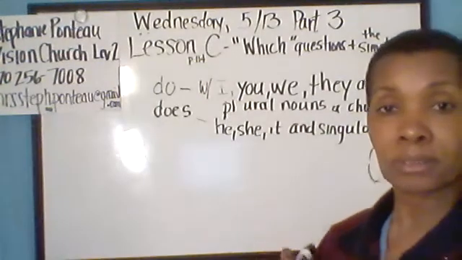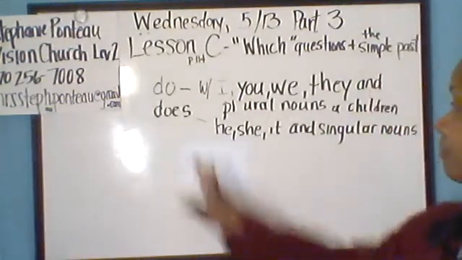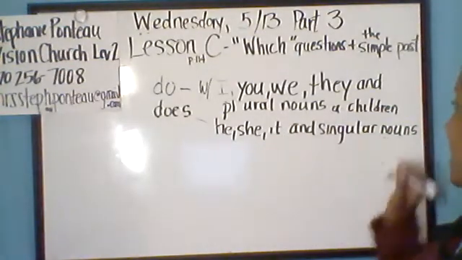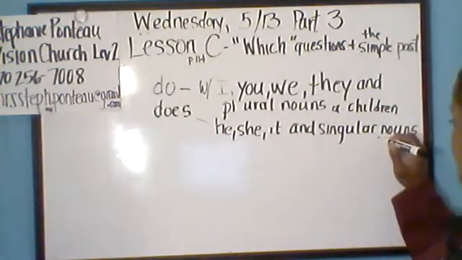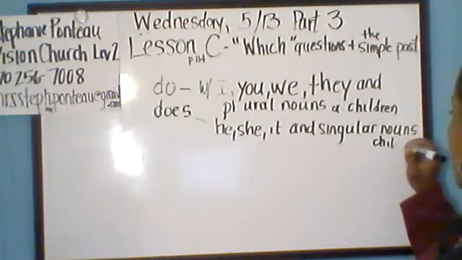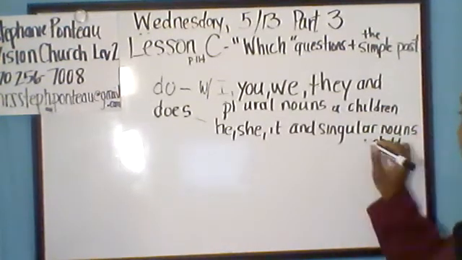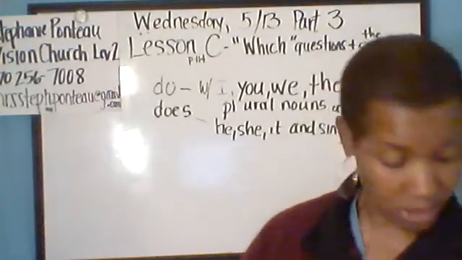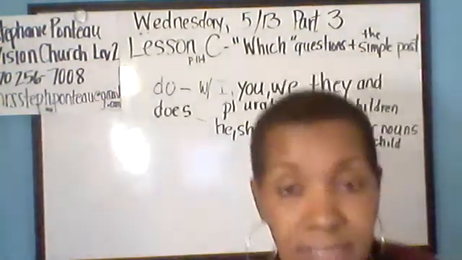PL. Okay, and then does you would use with he, she, it, and singular nouns, like child would be a singular noun. Okay, so let's jump into the exercise and see.